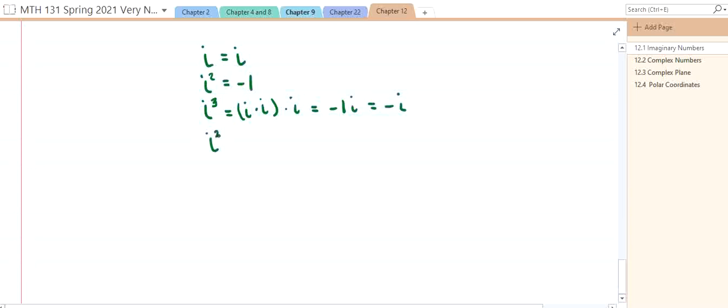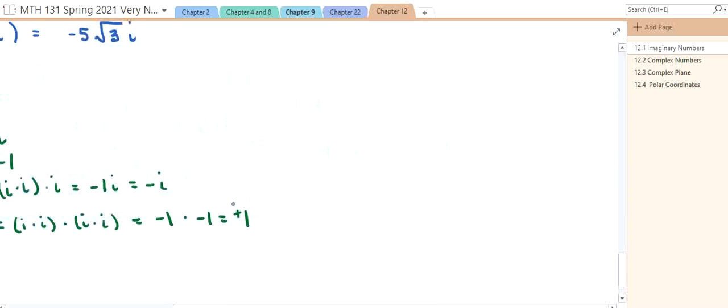And if I raise it to the 4th power, we're going to get i times i times i times i, which is like minus 1 times minus 1, equals positive 1. We don't have to put the positive in front of this.